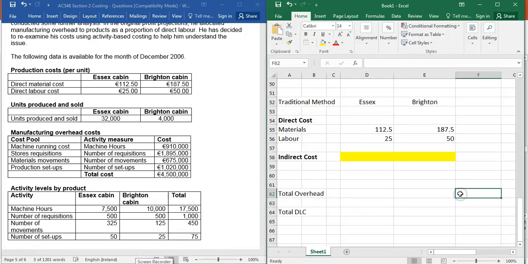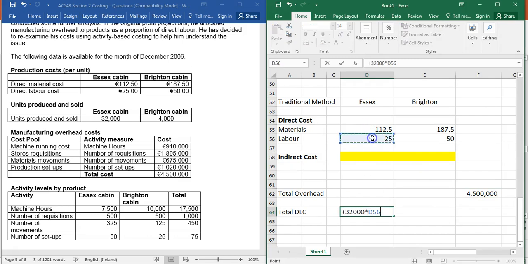So the total overhead is 4.5 million. So let's change that to millions. Direct labour here for Essex, we have to calculate. We have 32,000 units at €25 a unit. So remember, we're looking at the total here, not on a per unit basis first, because we're looking at the total overheads.